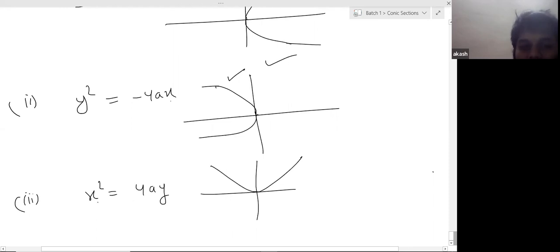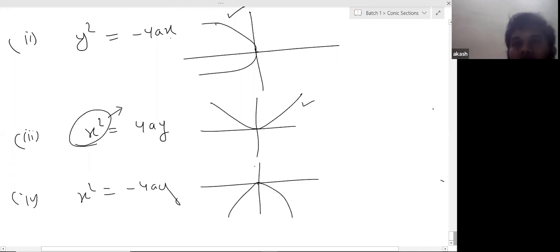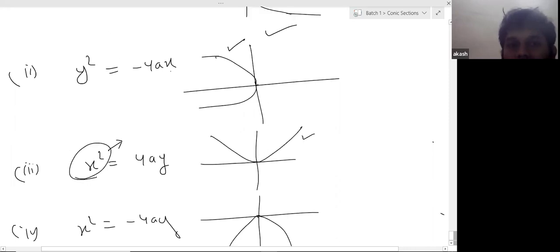Just like Shravya said, x square is a quadratic equation and it looks like a parabola. So if x square equals 4ay, the parabola is upward facing. If x square equals minus 4ay, the parabola is downward facing. Draw these 4 diagrams, then we'll continue.